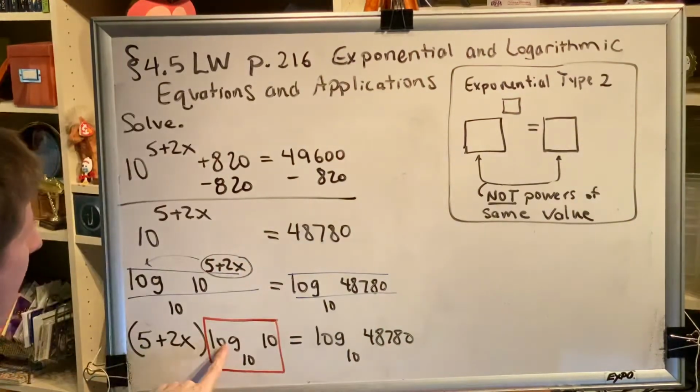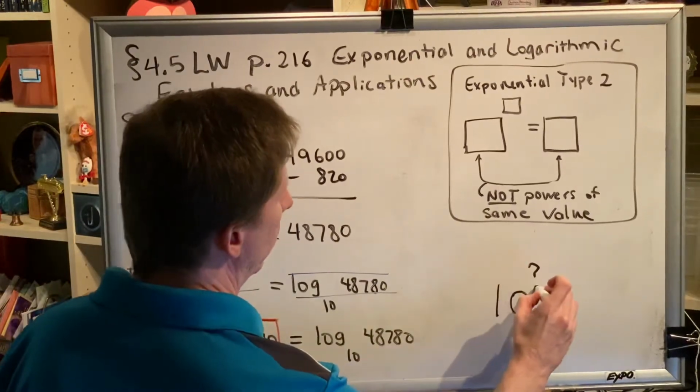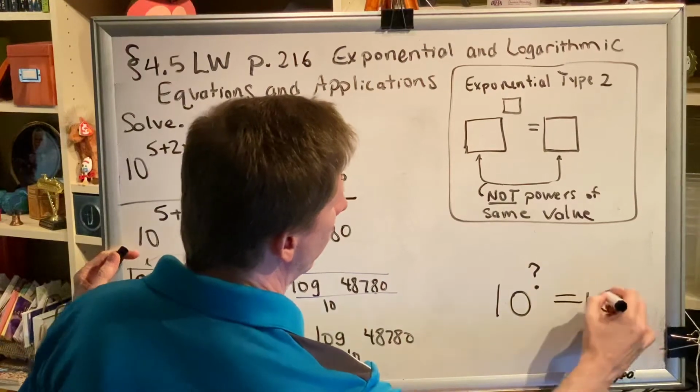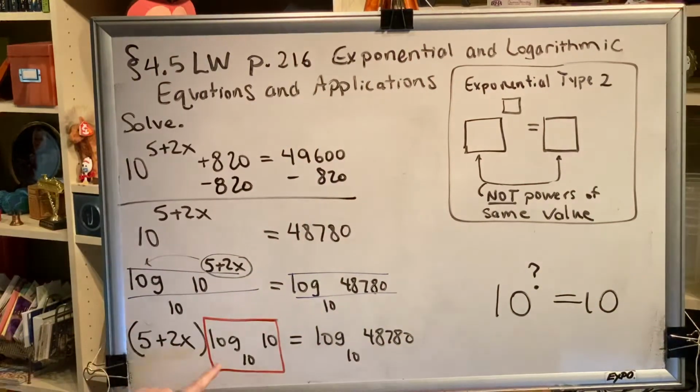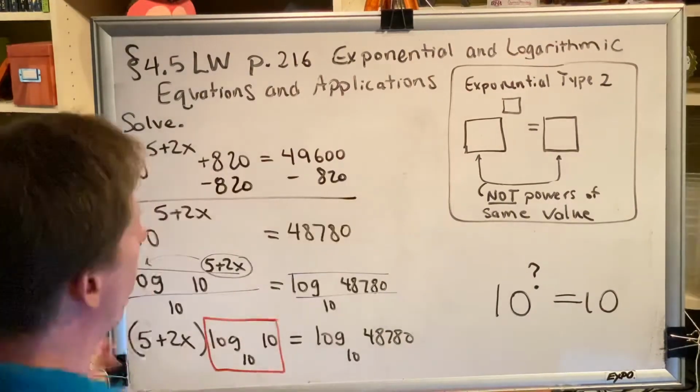So, what is the exponent that goes on base 10 to make 10? The answer to that question is 1. So the value of the missing exponent is 1, therefore the value of the logarithm is 1. So this giant red box is just the number 1.